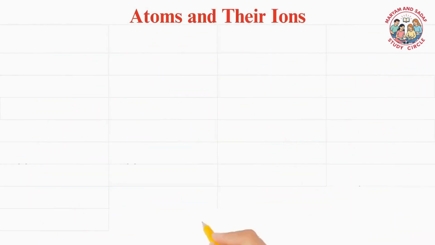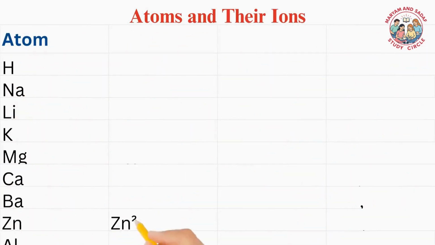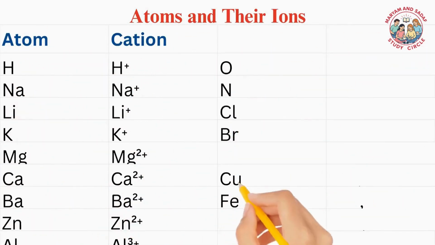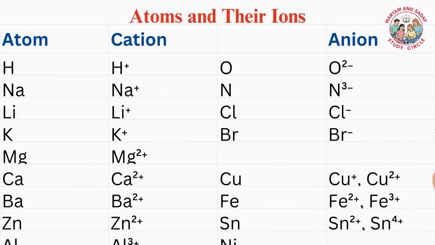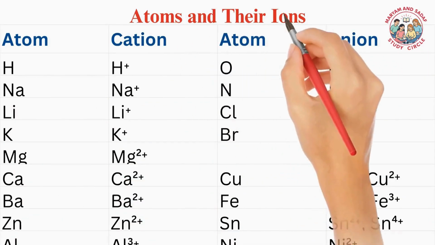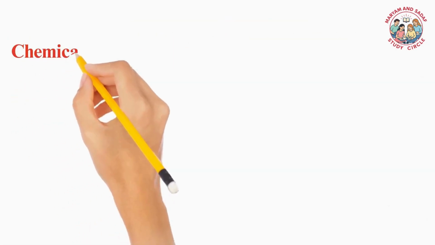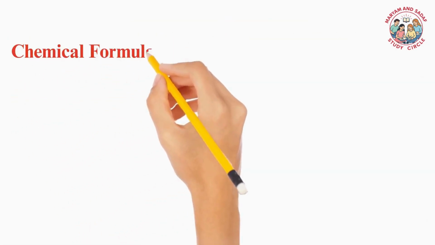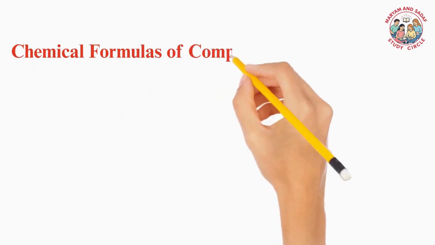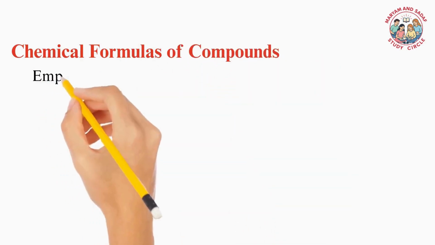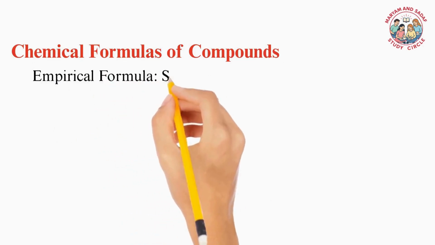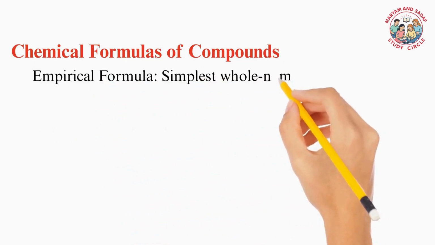This table shows different atoms and their ions. Chemical formulas of compounds. Empirical formula is the simplest whole number ratio of atoms.